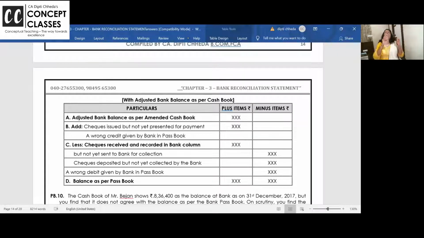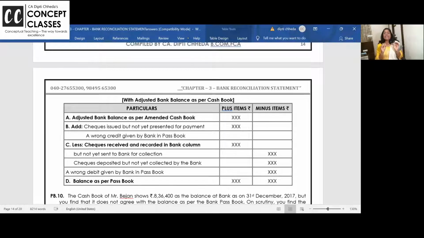So we say adjusted cash book, but it is the bank book. Normally 8 to 10 items will come in the BRS, but in the exam if they ask you to prepare the BRS along with the adjusted cash book, then first start with the adjusted cash book.